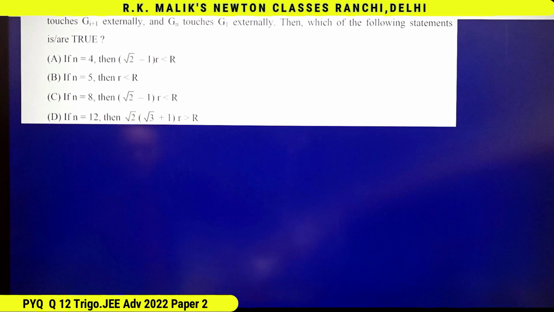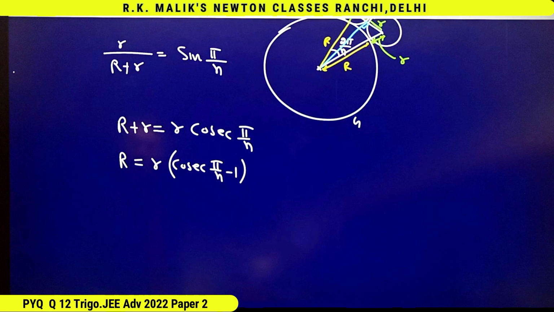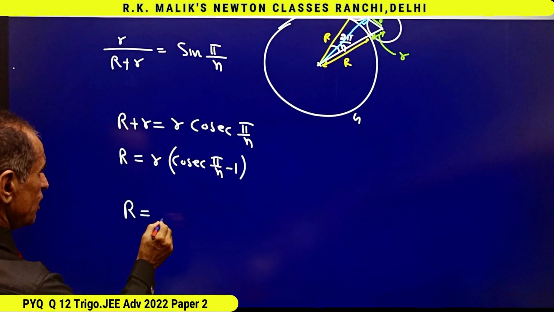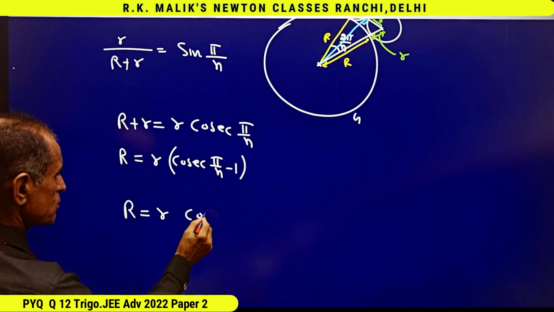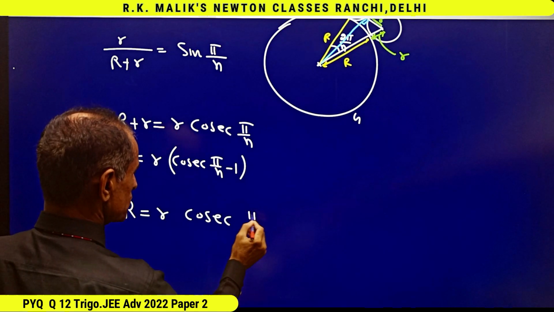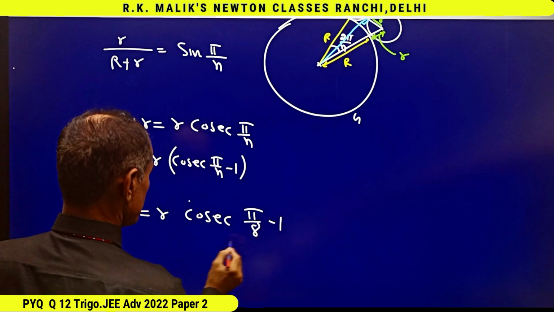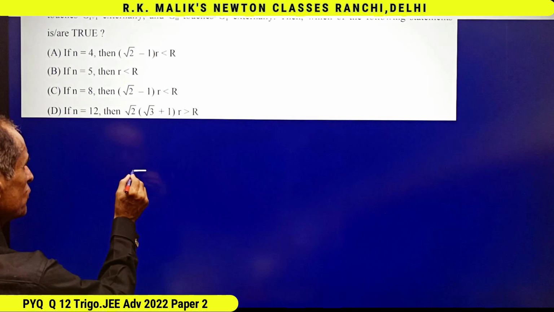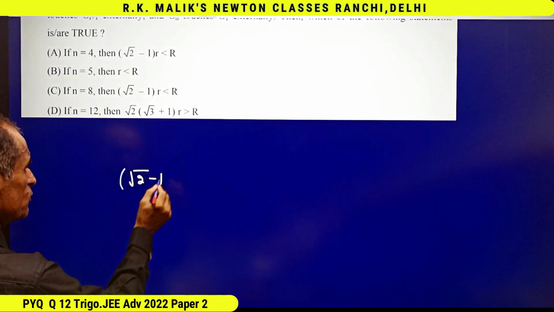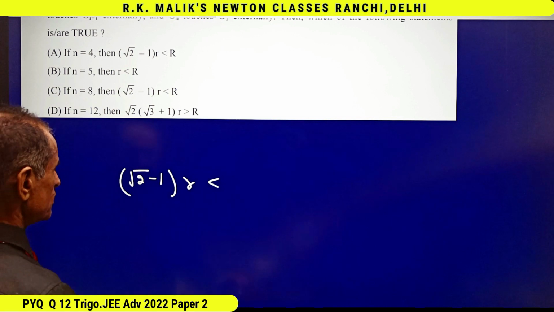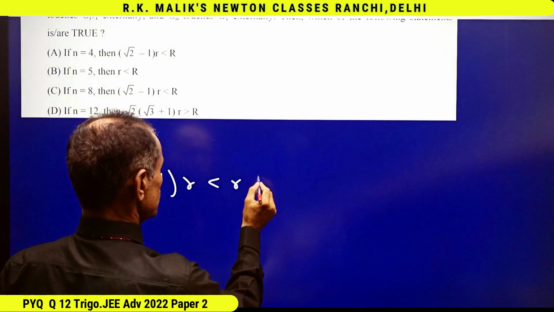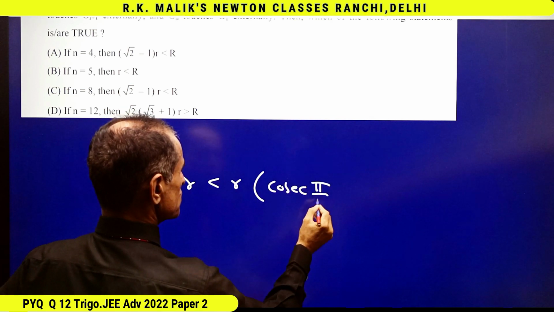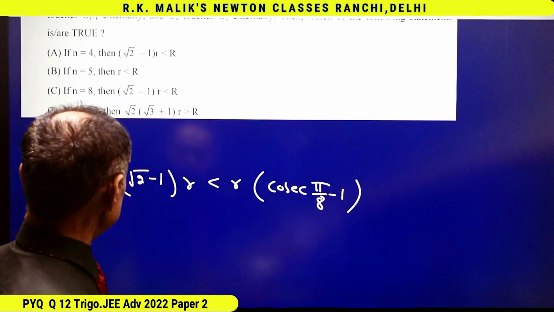And to check choice C, it is clear that for n equal to 8, the value of capital R becomes r into cosec pi by 8 minus 1. And this will become true if root 2 minus 1 into small r is less than r into cosec pi by 8 minus 1.